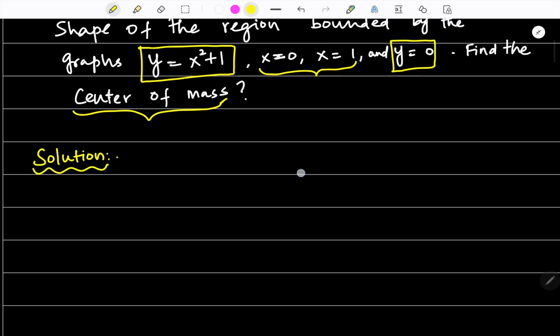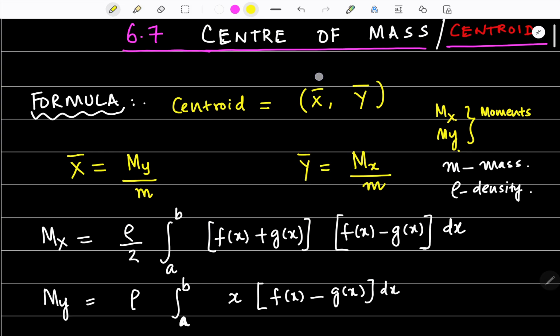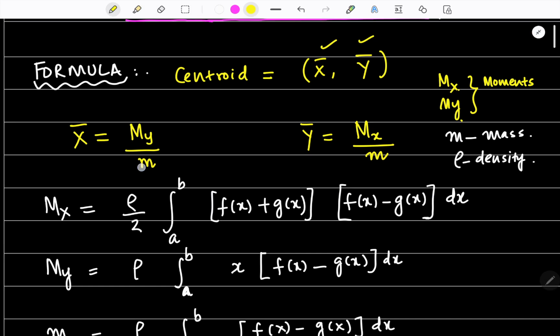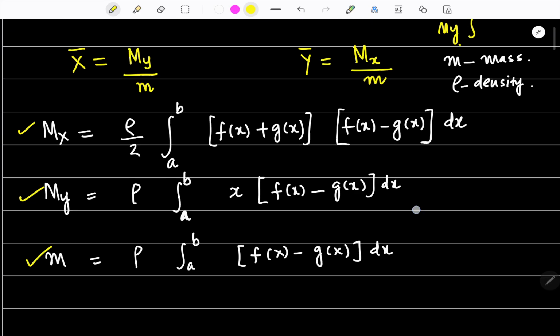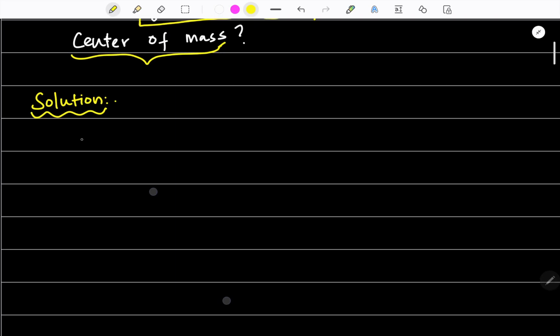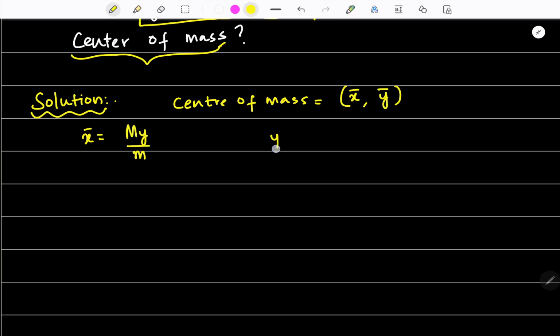I will explain again: for the center of mass, you need to find x bar and y bar. For x bar, you have to use this formula, and for y bar, you have to use this formula. For Mx, My, and m, first I'm going to calculate Mx, My, and m. So centroid or center of mass is equal to x bar comma y bar, where x bar is equal to My divided by m, and y bar is equal to Mx divided by m.